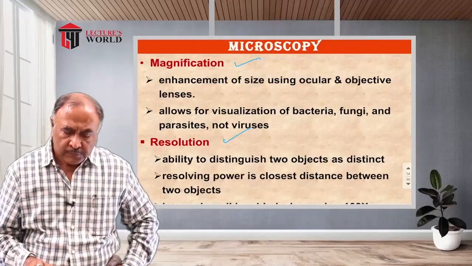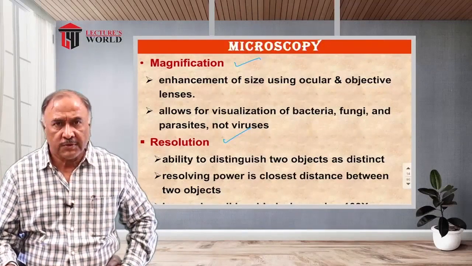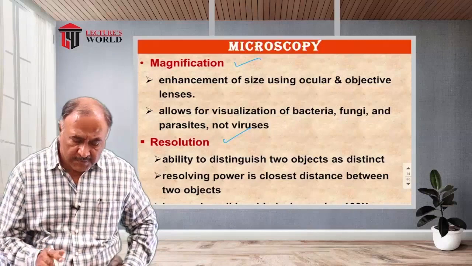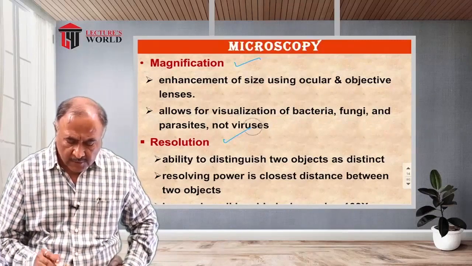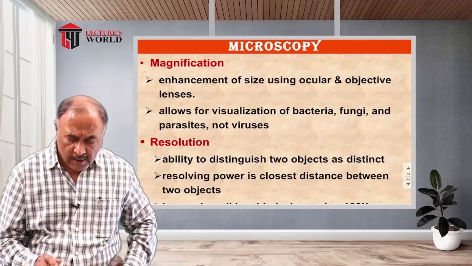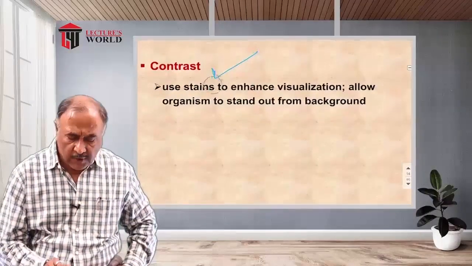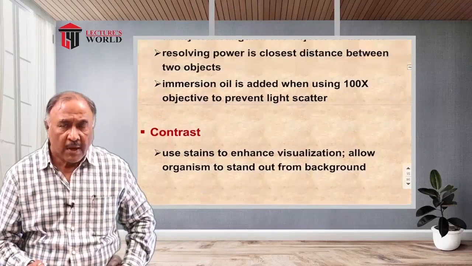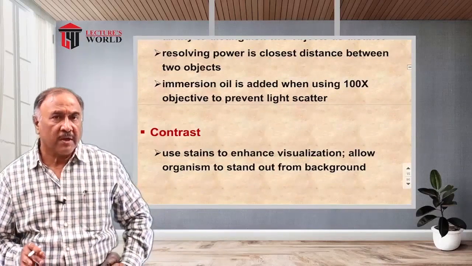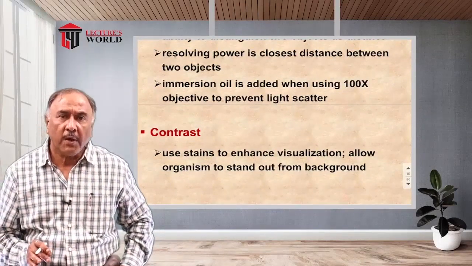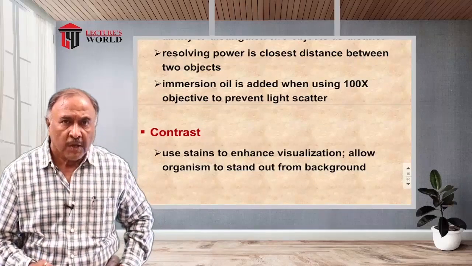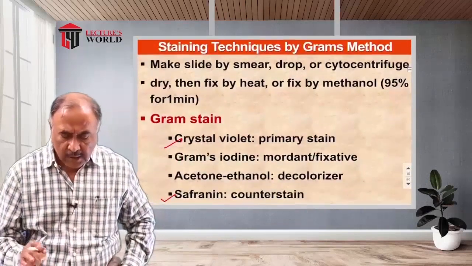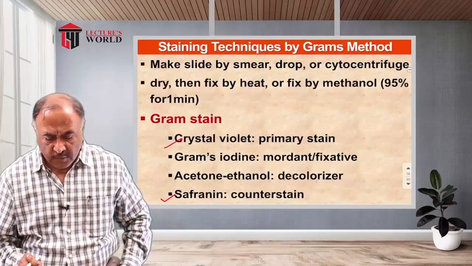The important criteria in a microscope are magnification, resolution, and third, contrast. By using contrast, appropriate resolution and magnification, we can gain great knowledge about the type of organisms involved.